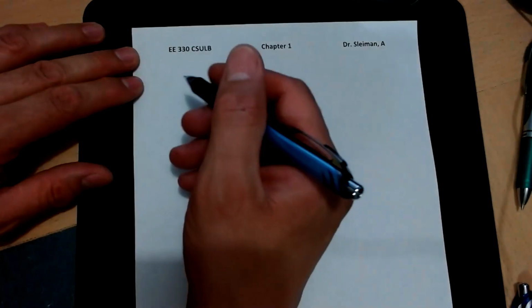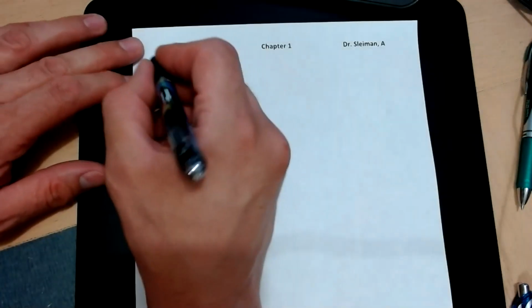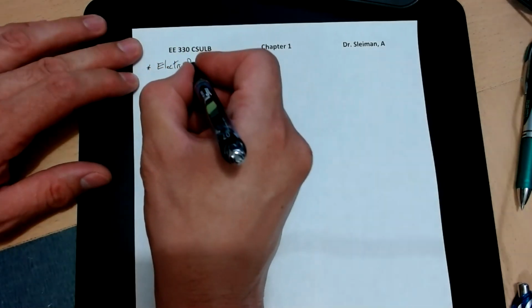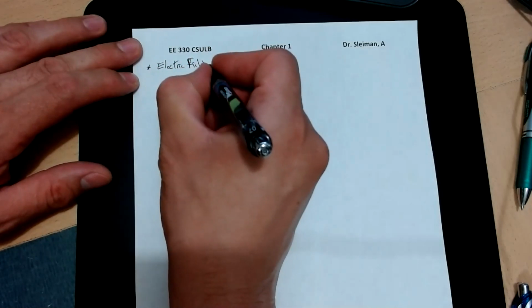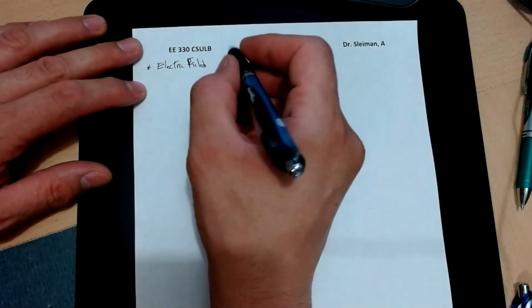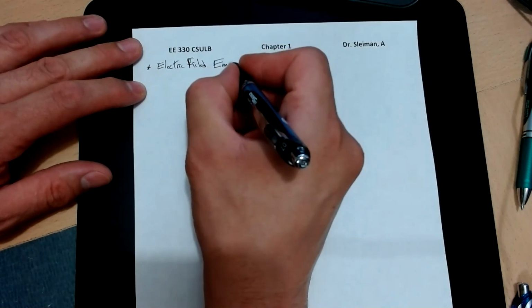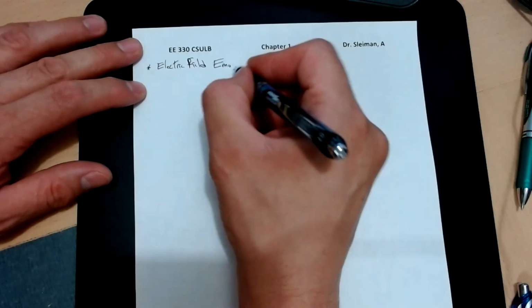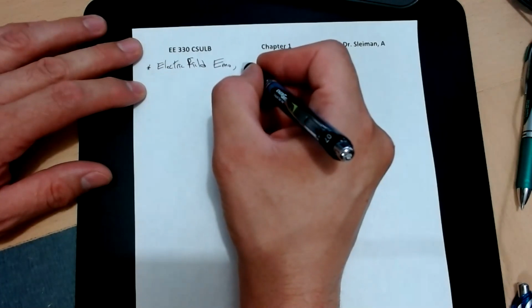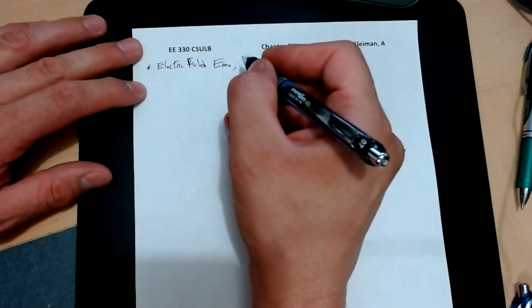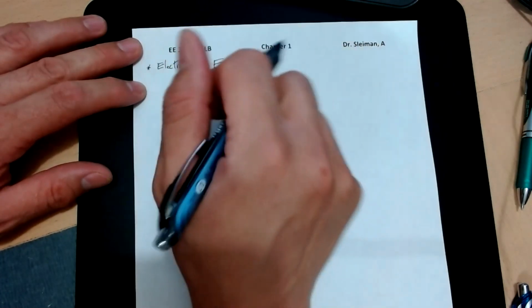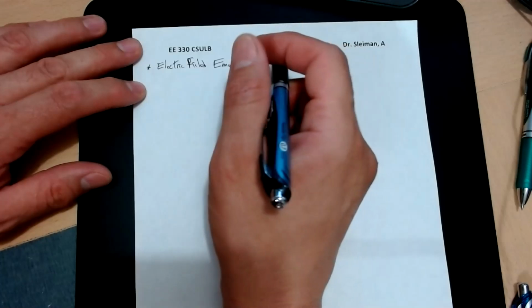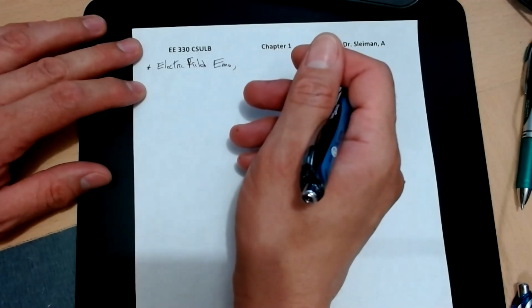Okay, now the electric field, which is the Em0. Now we wish to derive the expression for all of the other junction parameters in the PN equilibrium.